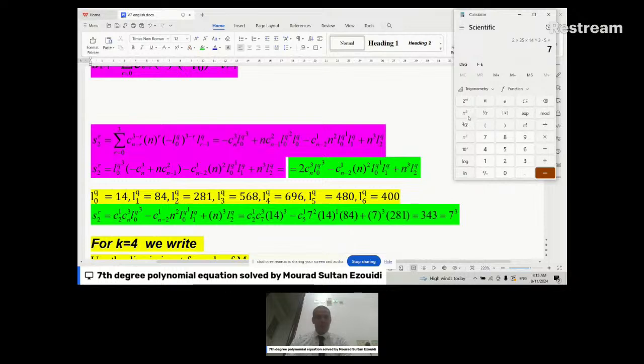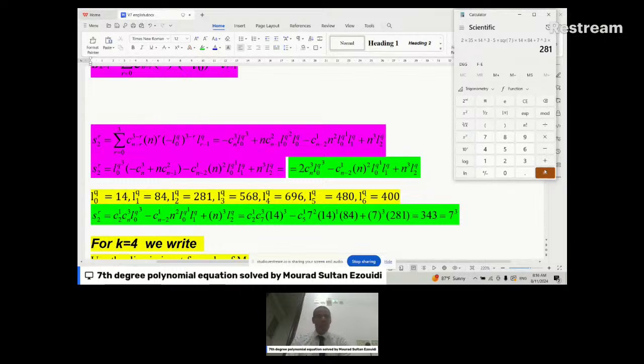I will write it as it is, so all the learners can redo this again and check with me at the same time. 7 squared times 14, because this is 14 times 84, times 84, plus 7 cubed, raised to the power 3, times 281.